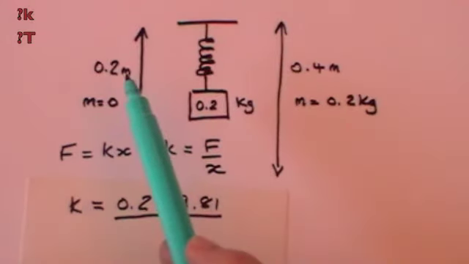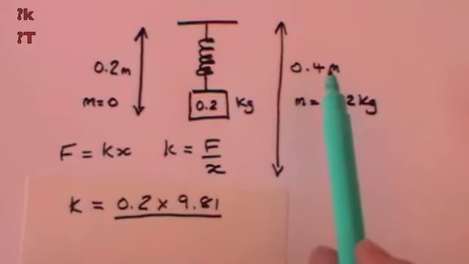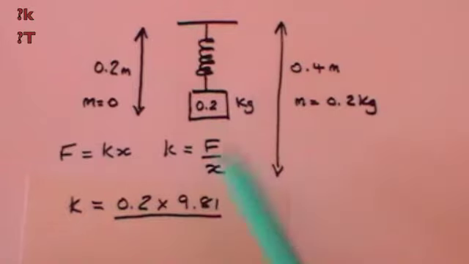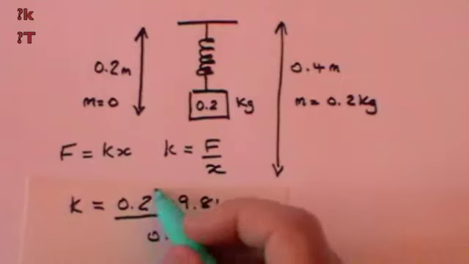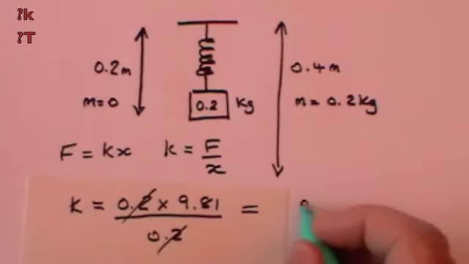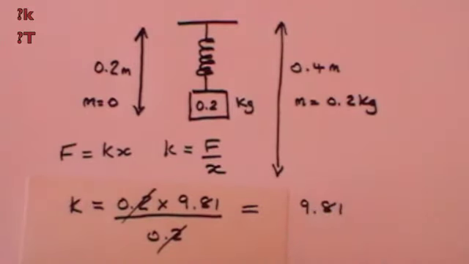Well, when the spring had no load, it was 0.2 meters. When it had the load, it was 0.4 meters. So the extension is the one minus the other, which is 0.2 meters. Actually, the 0.2's cancel, and so you get that the spring constant is 9.81, and that will be in units of newtons per meter, since it's force divided by length.